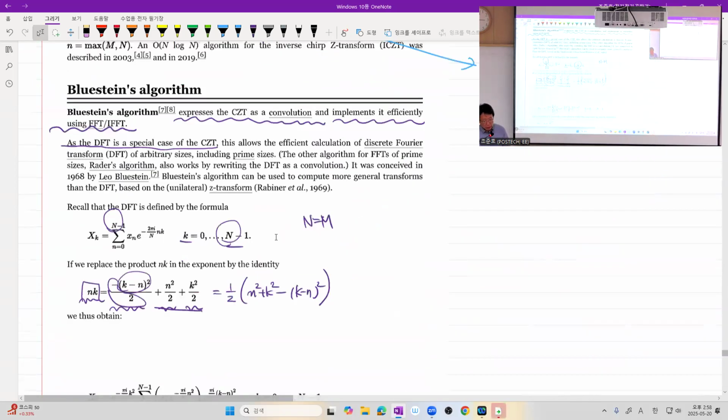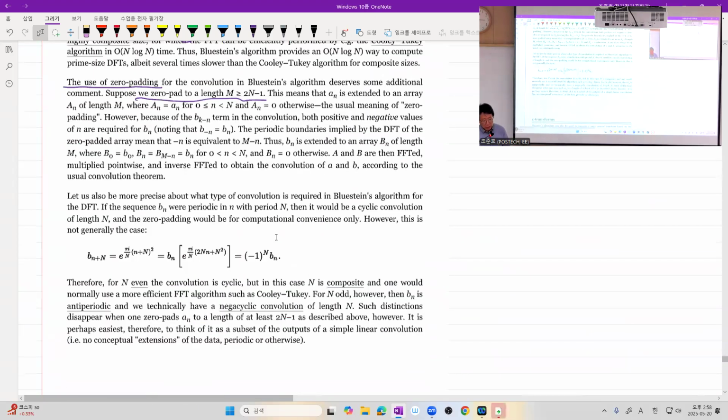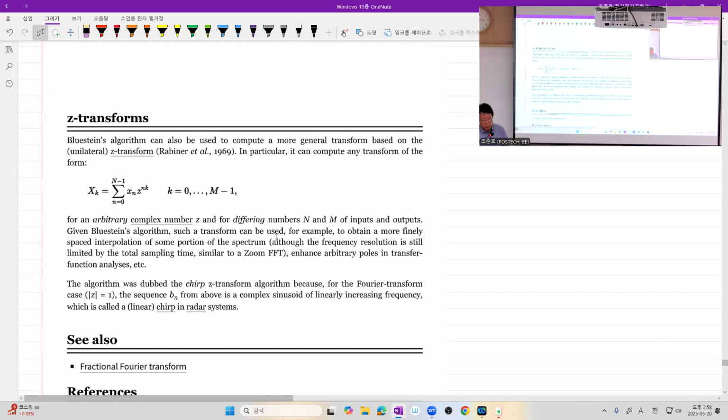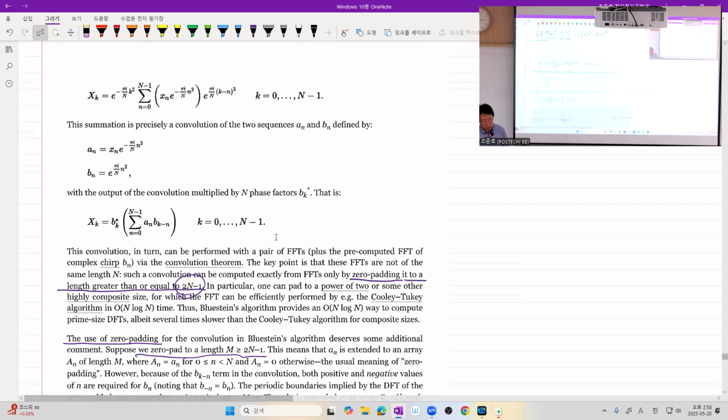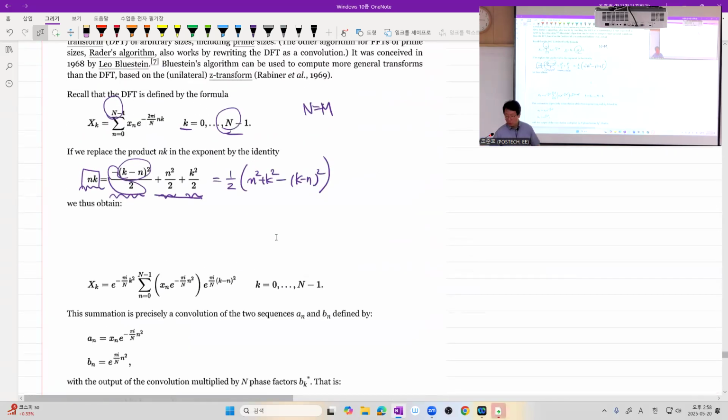The idea is very simple. As you've seen, we have a finite duration signal, X. So let's say X has length N. And we want to evaluate for capital M-1 positions. Then what do we do? As you've seen, the H has length M plus N minus 2, if I remember correctly.